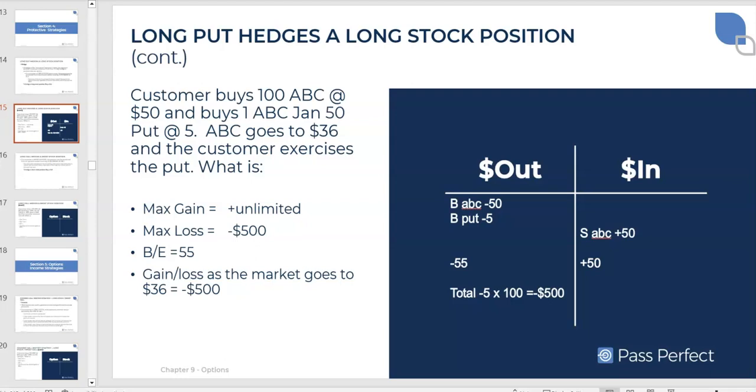In fact, let me put it this way: what do you call the price you pay for an option? So when it says the put was $5, what do you call that? Premium, right, Karina? Exactly. What do you call the price you pay for insurance? When you write a check to the insurance, that's called a premium. That's not a coincidence.